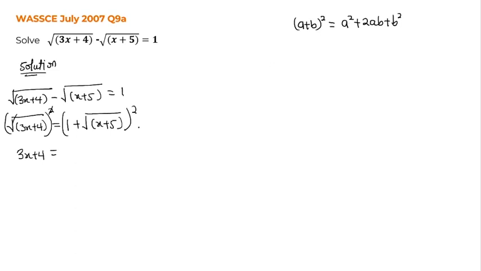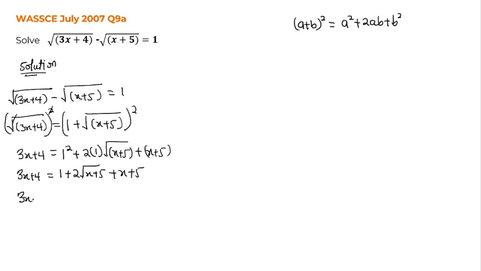Using that in mind, my a here is 1, so I'll have 1 squared plus 2 multiplied by 1 multiplied by the b, which is the entire root, so s plus 5, then plus my b squared, which will give me just s plus 5, because the root sign will be taken care of by the square. So from here I have 3s plus 4 is equal to 1 plus 2 root s plus 5 plus s plus 5.